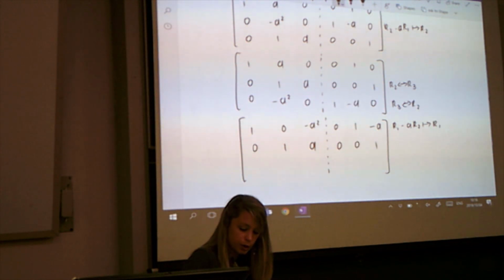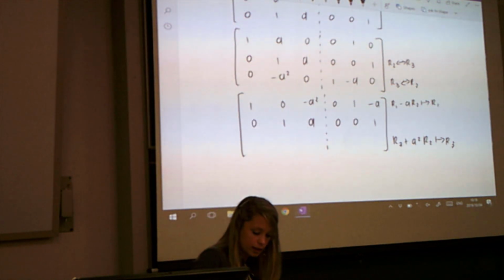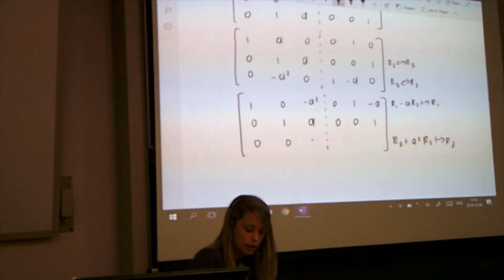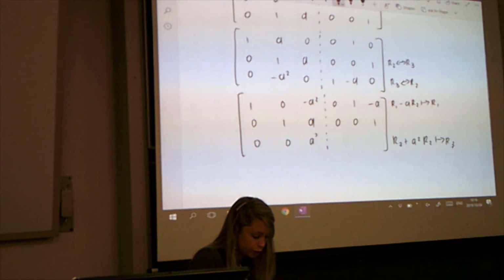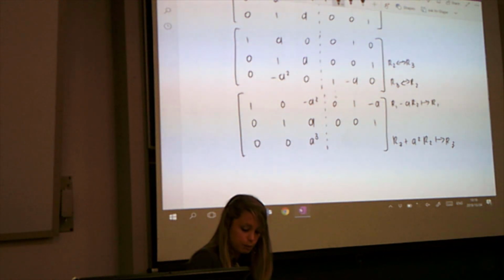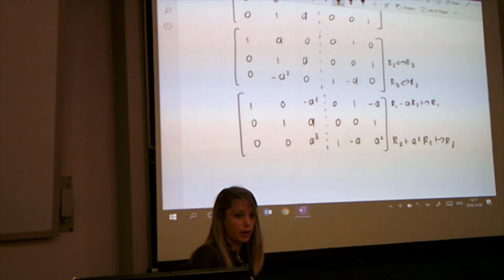And in my third row, I'm going to add A squared times row 2 to it. So then I have 0, 0, 0 plus A times A squared, so that's A cubed. 1 plus 0, minus A plus 0, and then 0 plus 1 times A squared, so it's A squared.